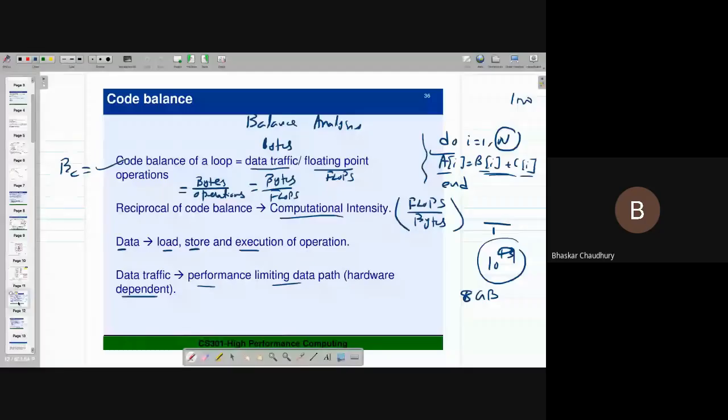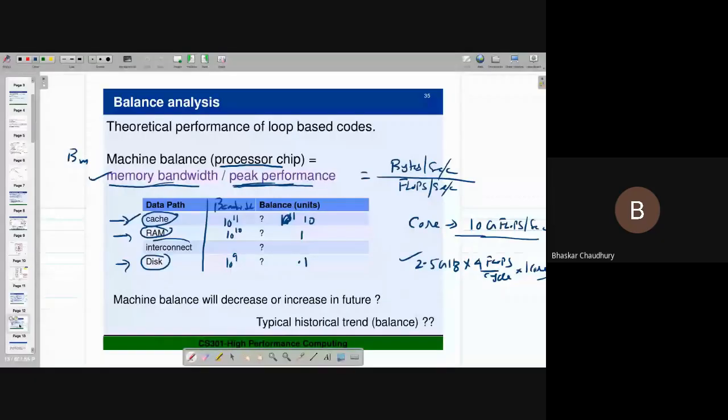And the memory bandwidth balance for the machine you are using is 0.1 for whatever reason. Then what will happen?